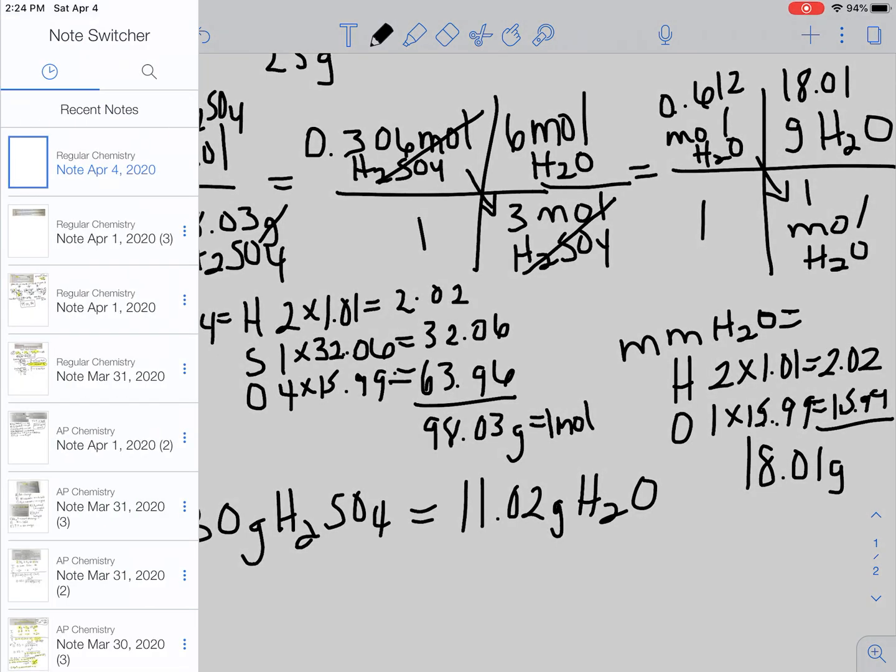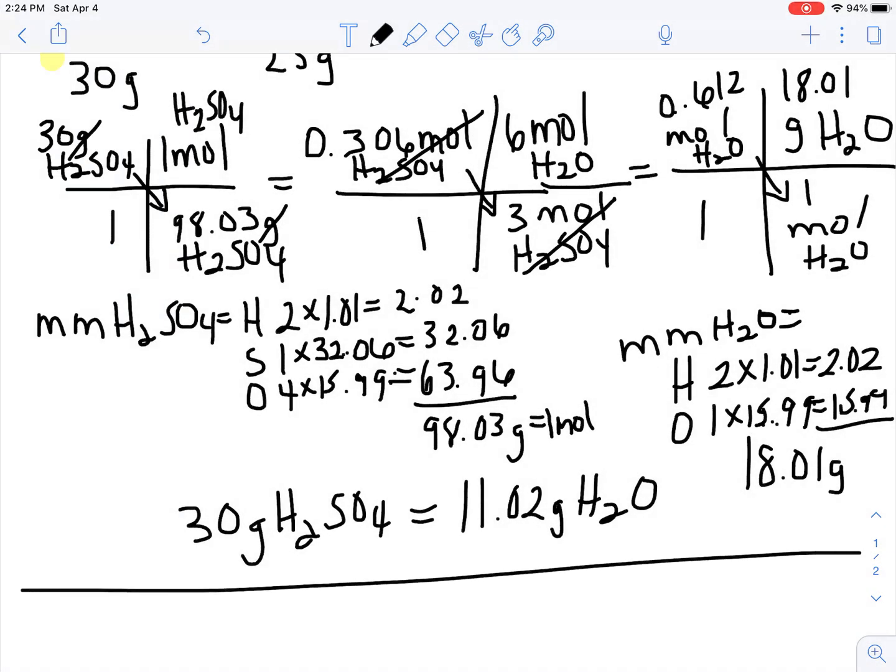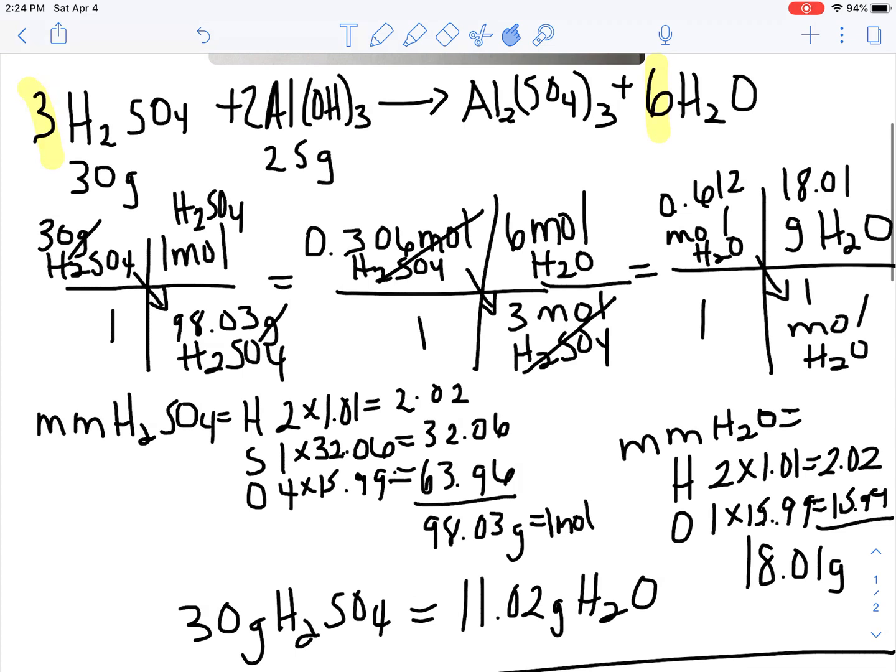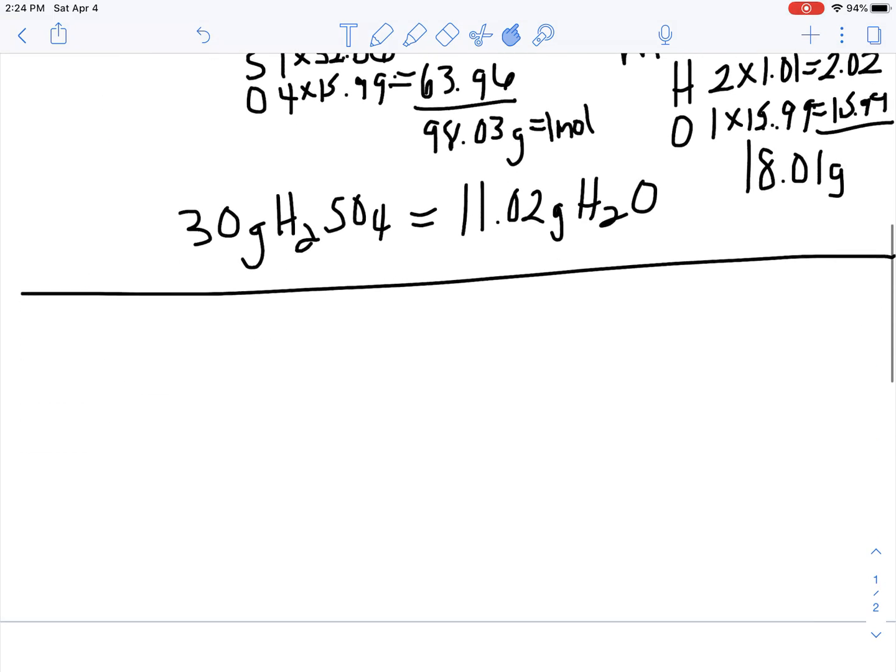We have to do the same thing for our second reactant, our 25 grams of aluminum hydroxide. So I'm going to continue with that. Oops. All right, I have 25 grams of Al(OH)3.